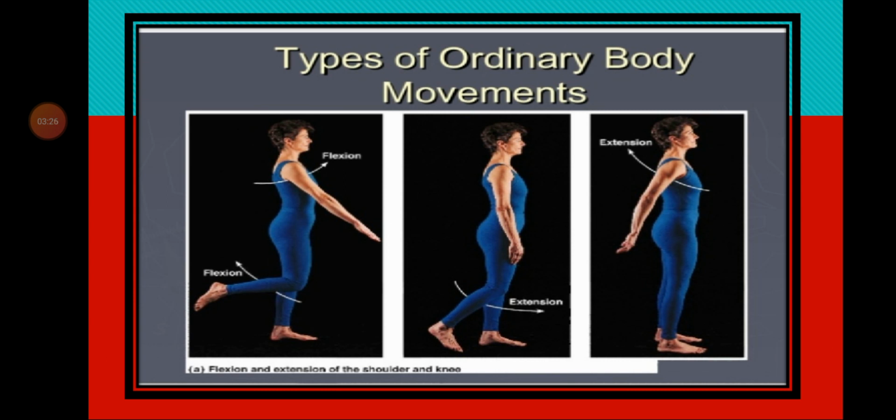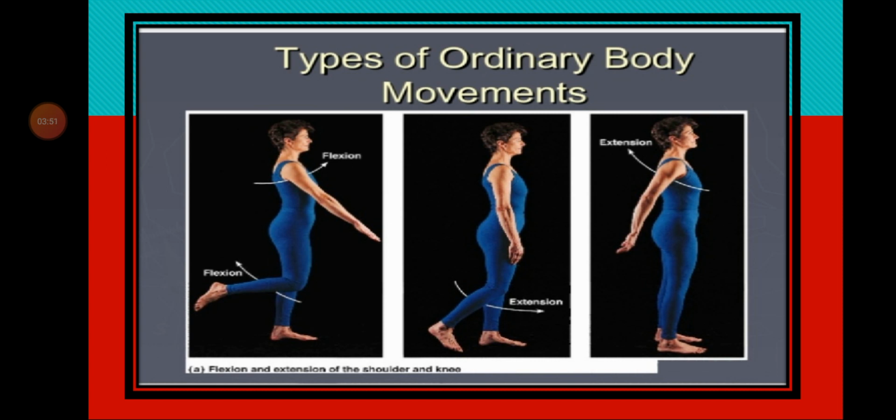Then in the same picture you can see the leg movement shows the flexion. The open angle would be getting into a closer mode, and when it opens, it moves to an extension mode. So the closer one is flexion and the open one is extension.